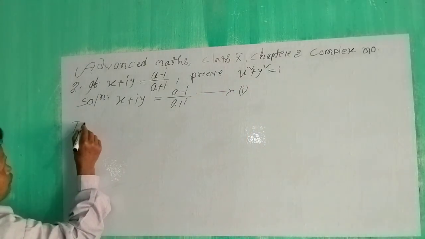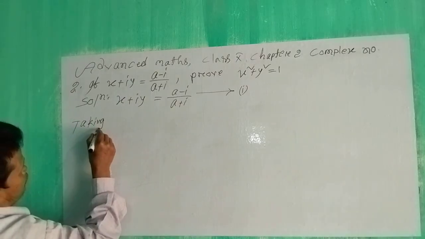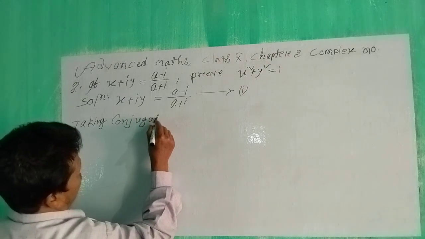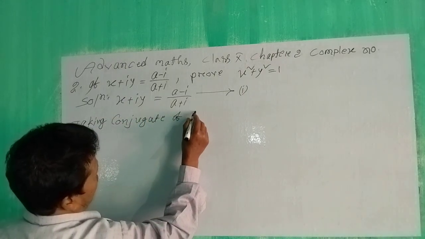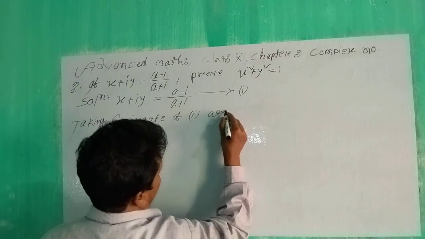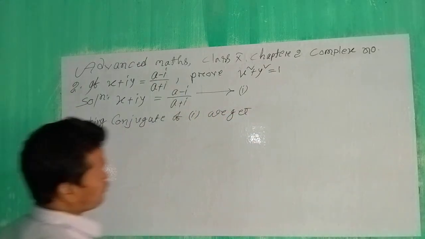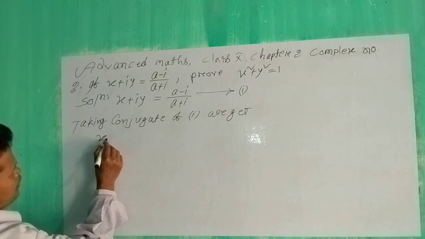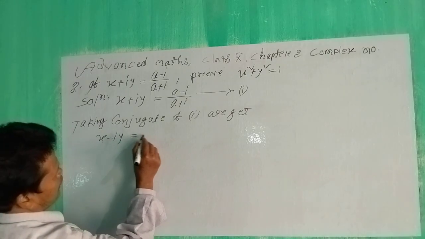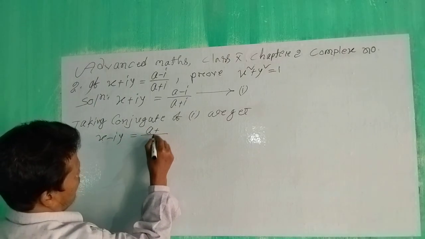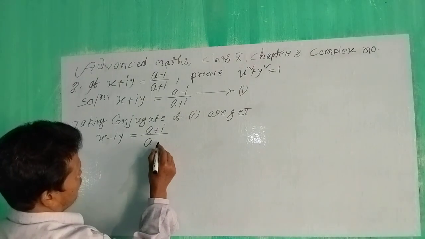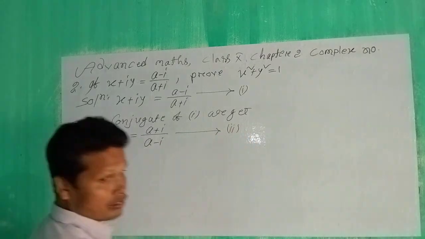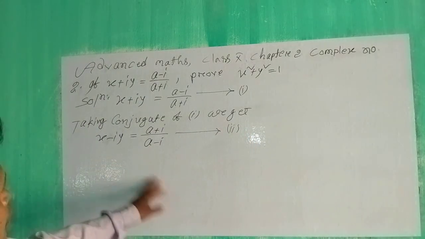Now taking the conjugate of equation number 1, we get: conjugate of x plus iy is x minus iy, conjugate of a minus i is a plus i, and conjugate of a plus i is a minus i, equation number 2. Now we are going to multiply equation number 1 by 2.